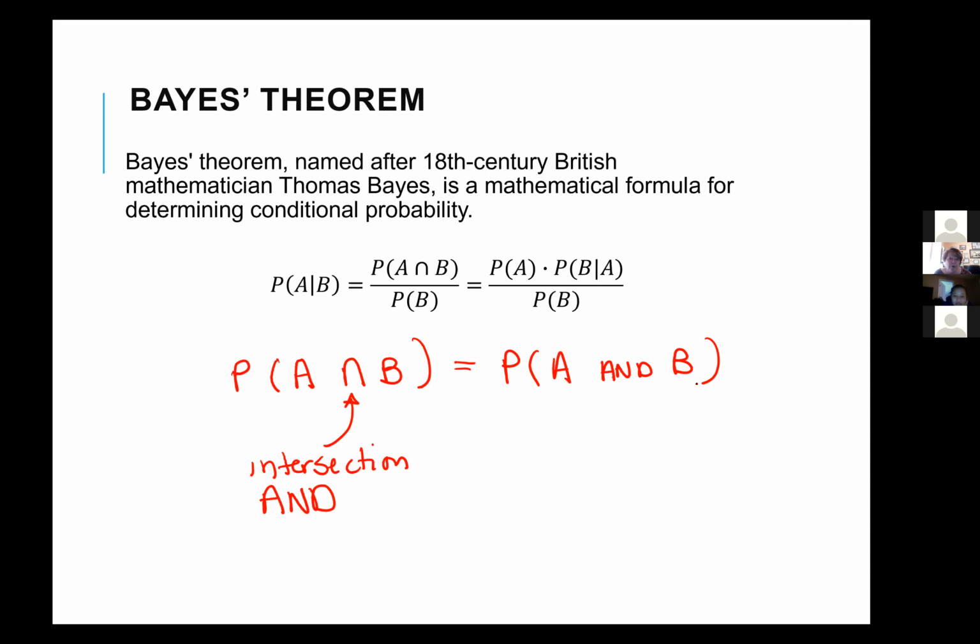And what's a conditional probability again? A conditional probability is the probability of an event occurring given another event has already occurred.